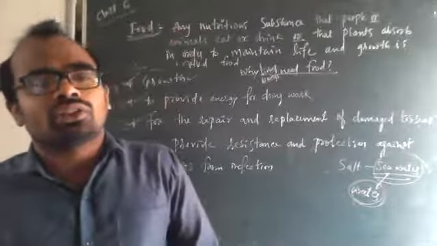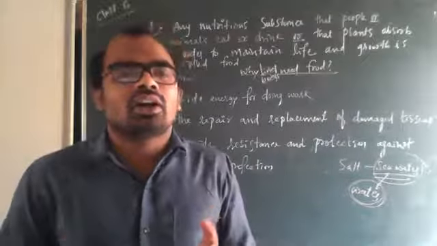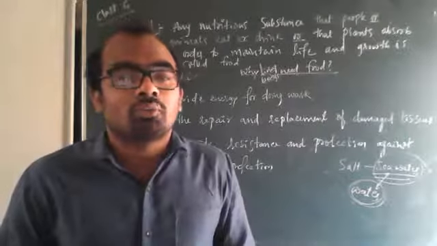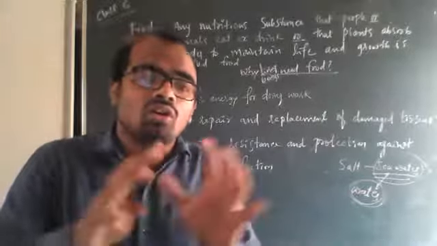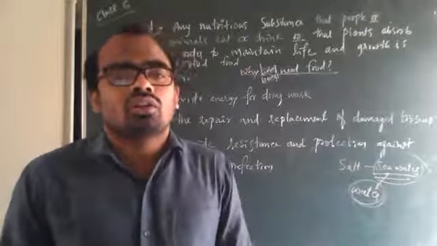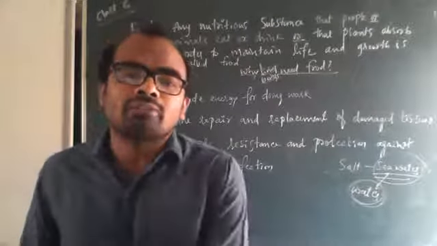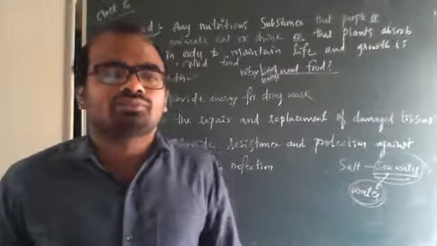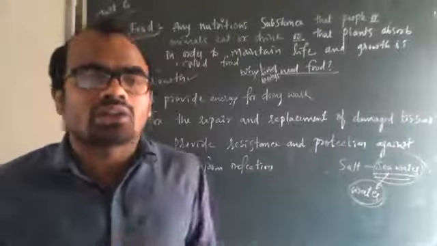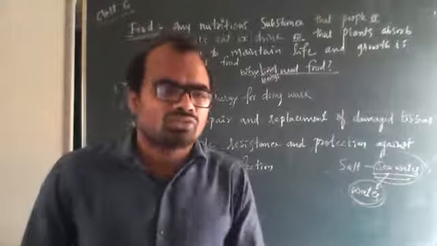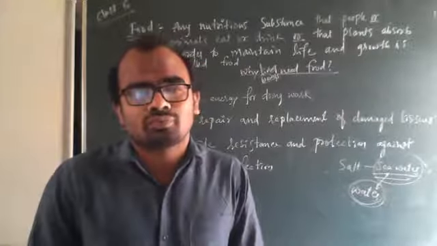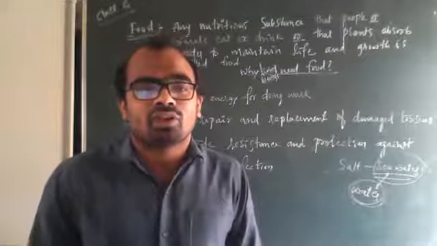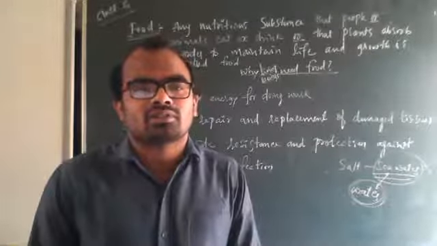One thing you should remember: milk, curd, ghee, buttermilk, these all are foods that are coming from animal sources. Other foods like water and salt are coming from a third source, other than plants and animals. They are not coming from plants and animals.